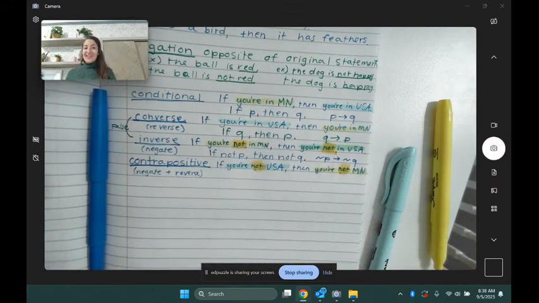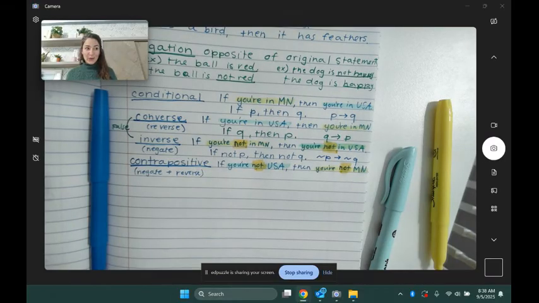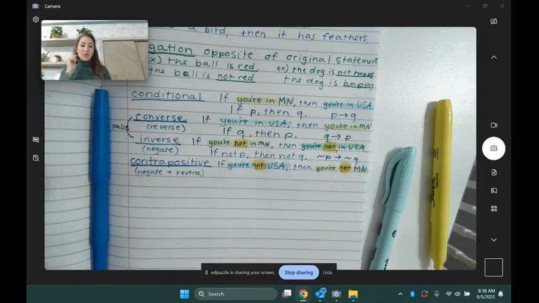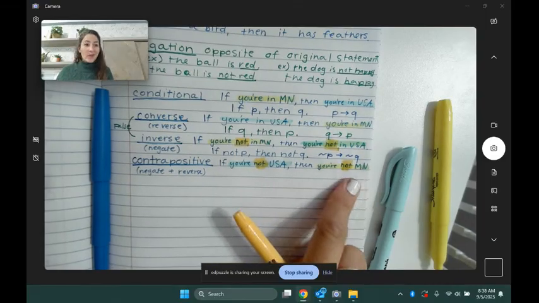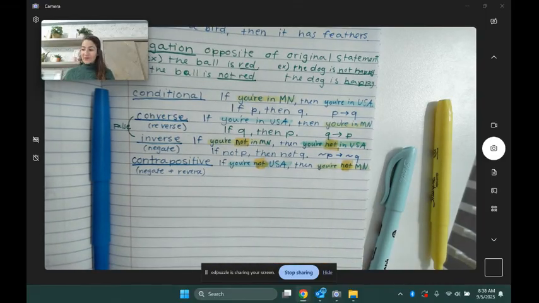Is this true? If you're not in America, then you can't be in Minnesota. If you're not in the United States of America, then you cannot be in one of the states. True. This is a true one.